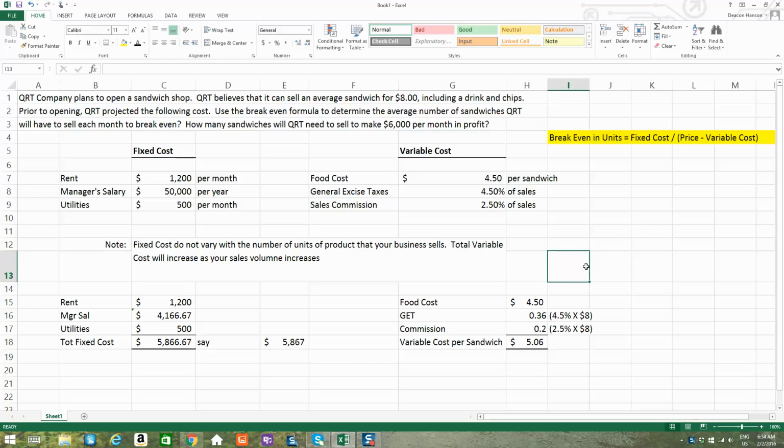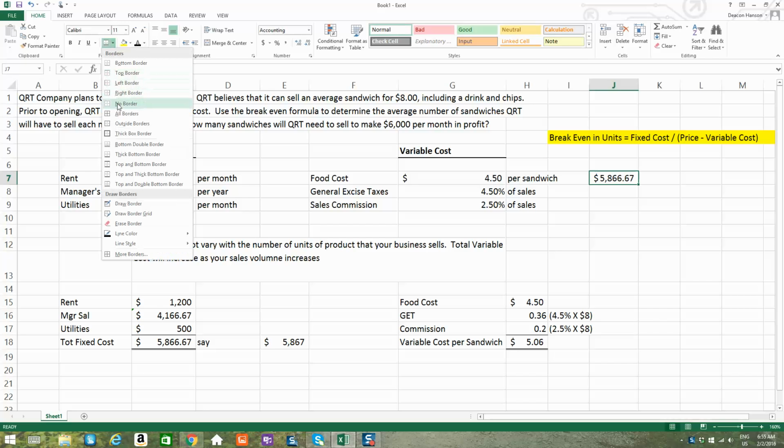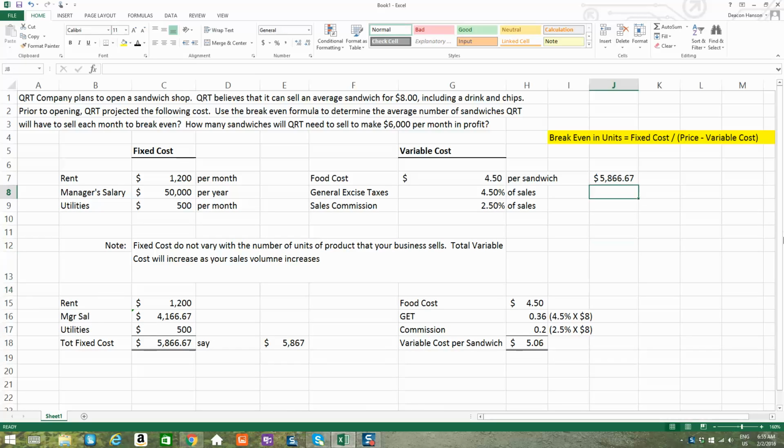The numerator is my total fixed costs, and I'm going to end up dividing that by $8, which is the price per sandwich. It's really $8 minus $5.06, which are the variable costs down here.